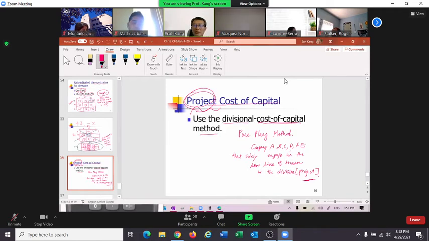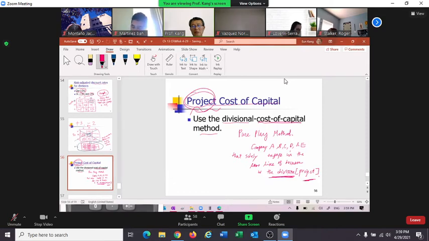That is the same for divisional cost of capital. It's hard to find a big company engaging only in that line of business, because conglomerates engage in many lines of business. Still, the best way is to consider how pure they are, so you may use a weighted average. Let's say 50% of company A's business is in this line of business, then times 0.5.